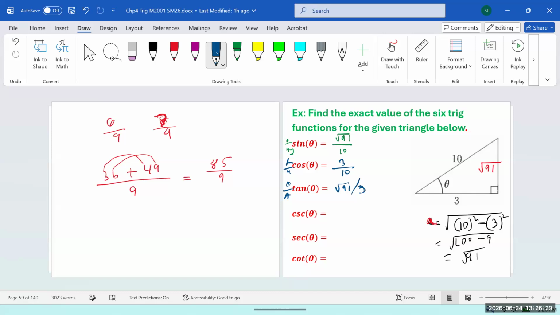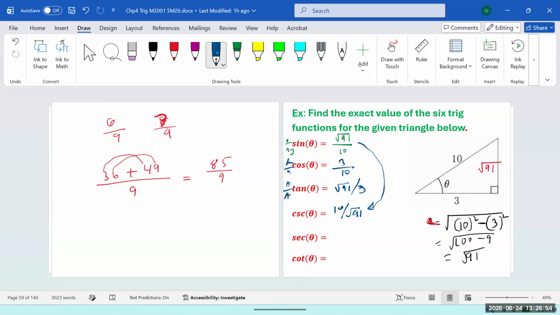Mia, cosecant. Ten over square root of 91. You can simply take this in reverse version. Hector B. Not G, B. Secant.